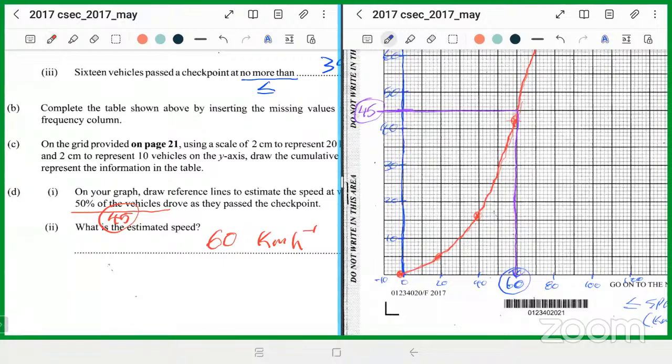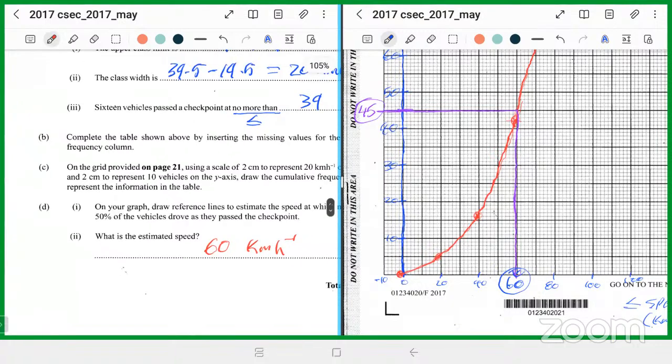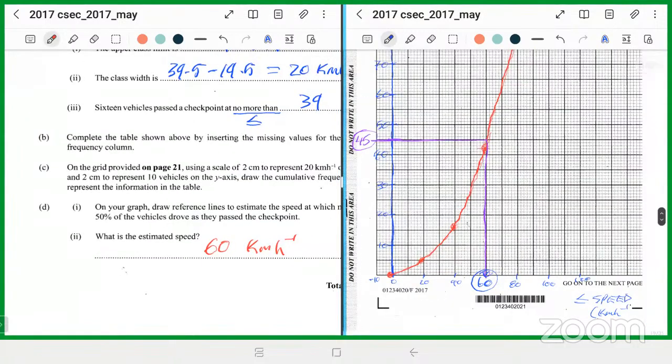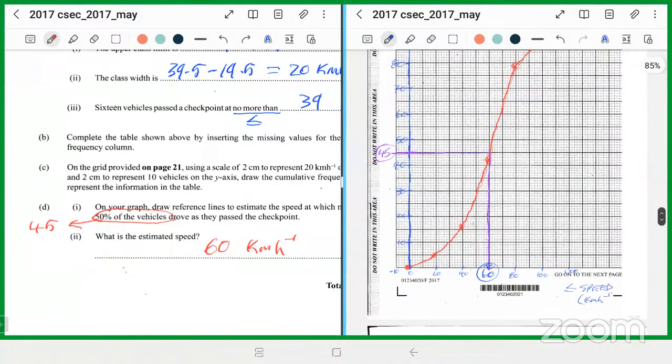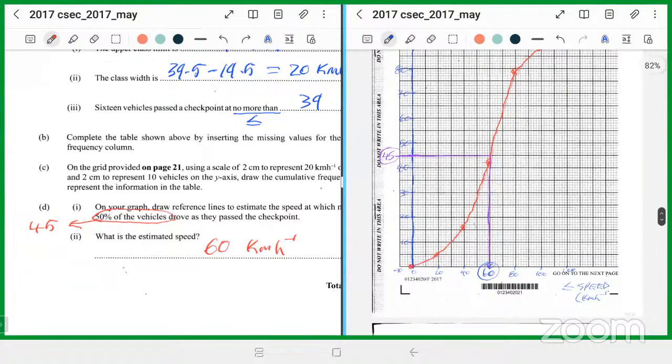At 45, 50% of the vehicles are passing at no more than that speed. That's it, 60. 50% of the vehicles here is 45 vehicles. That corresponds to a speed of 60 on the graph. So what is that speed? 60 kilometers per hour. That's that.